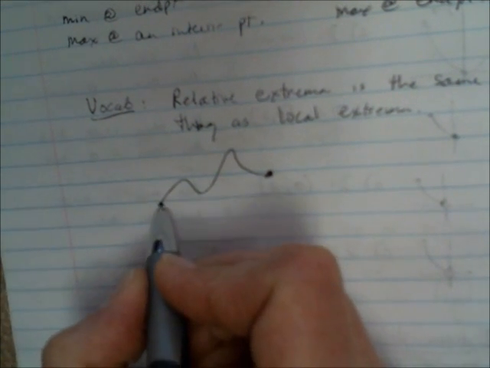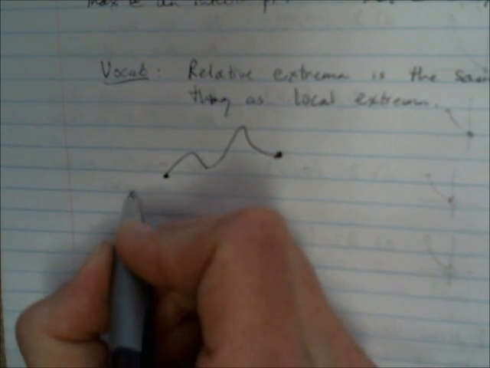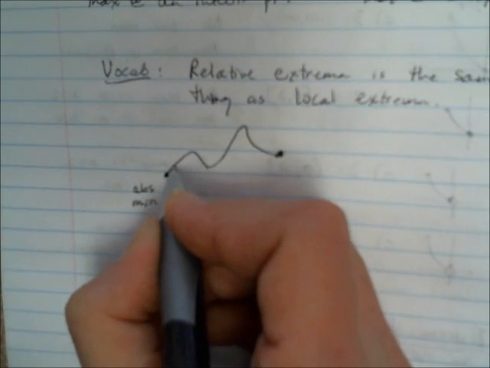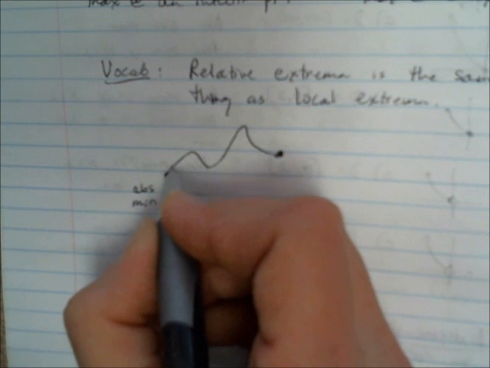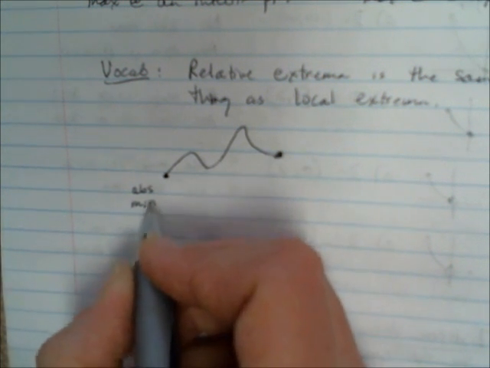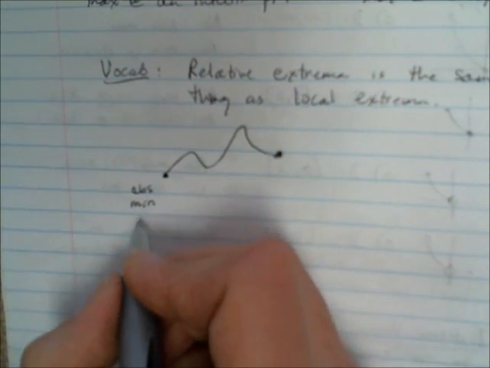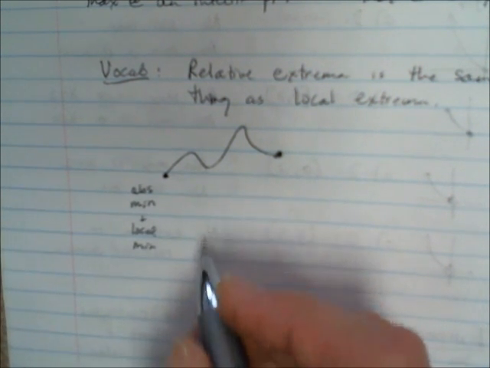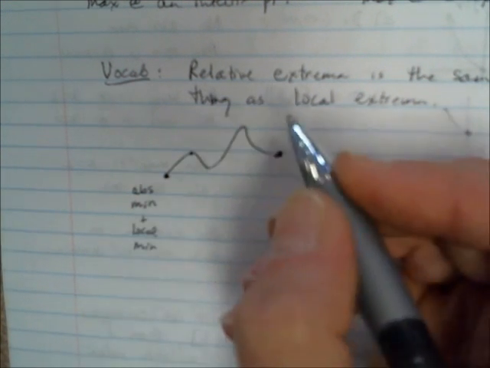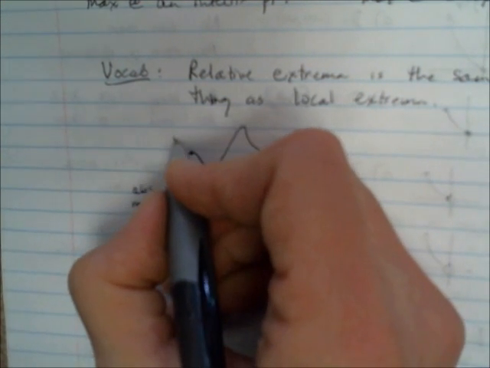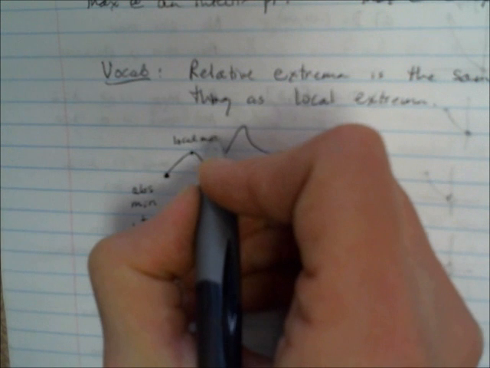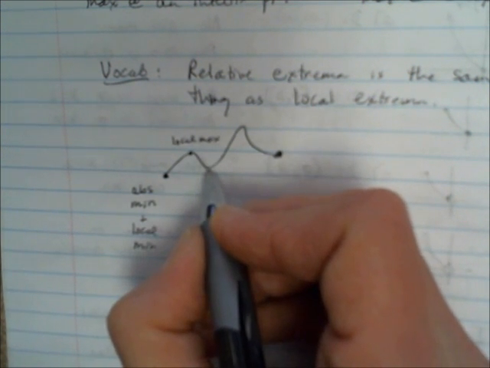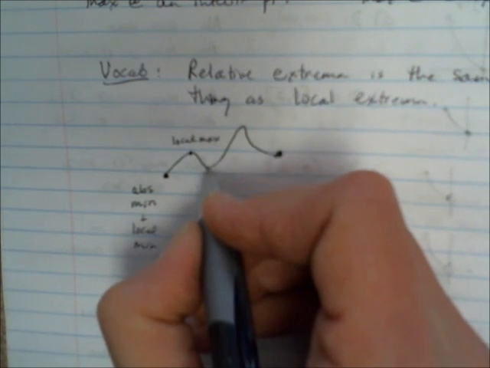We have right here at the endpoint, we have an absolute min, and because it's also the minimum of all the nearby points, this endpoint is also a local min or a relative min. This point right here is a relative or a local max, but it's not the absolute max because it's not the highest value of f of x.